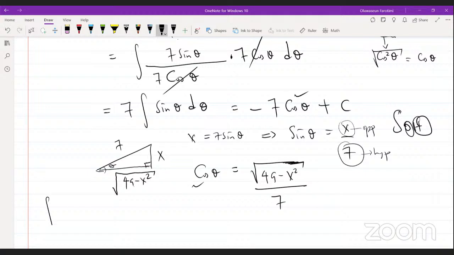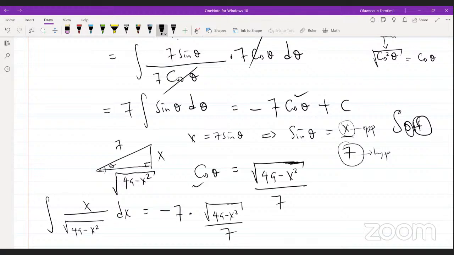So that means that the problem I'm actually solving is the integral of x divided by square root of 49 minus x squared dx. This is going to be negative 7 times, what is cosine? Square root of 49 minus x squared divided by 7, plus c.